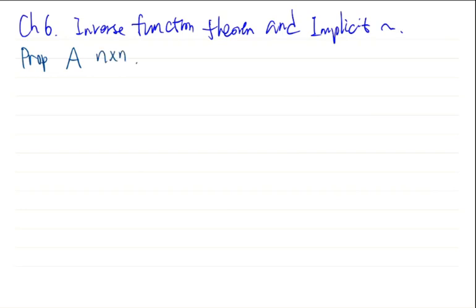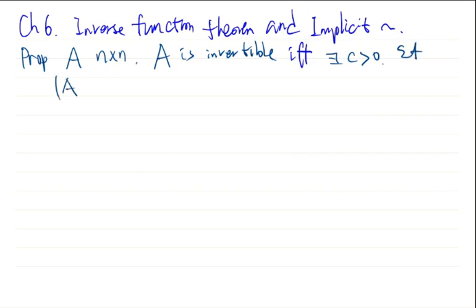Then A is invertible if and only if there is a positive constant C such that the norm of AH is not less than C multiplied by the norm of H for any H in Rn. Okay, this is a very simple result involving the norm of vectors in Euclidean space. I will not prove this result here because the proof is quite easy, and you can consult the textbook.